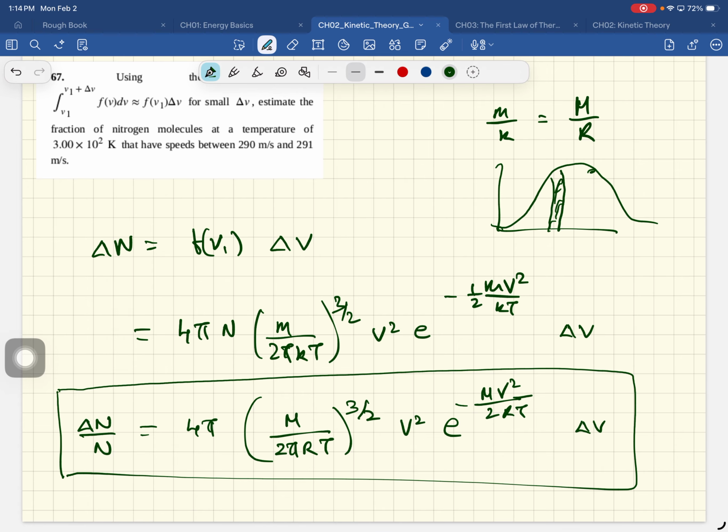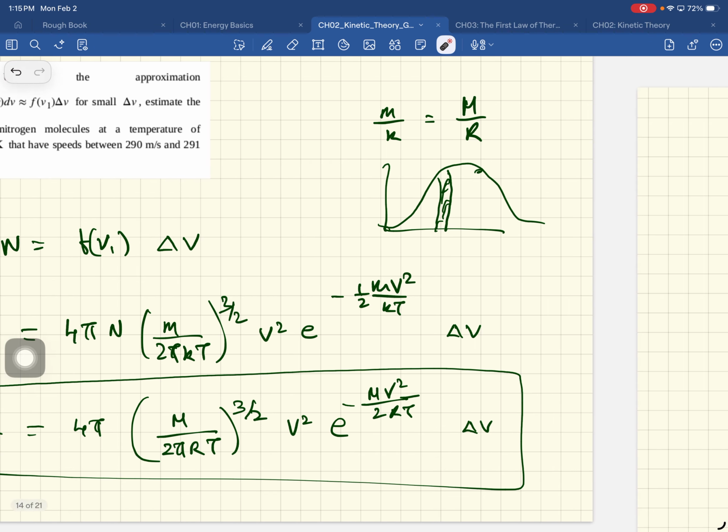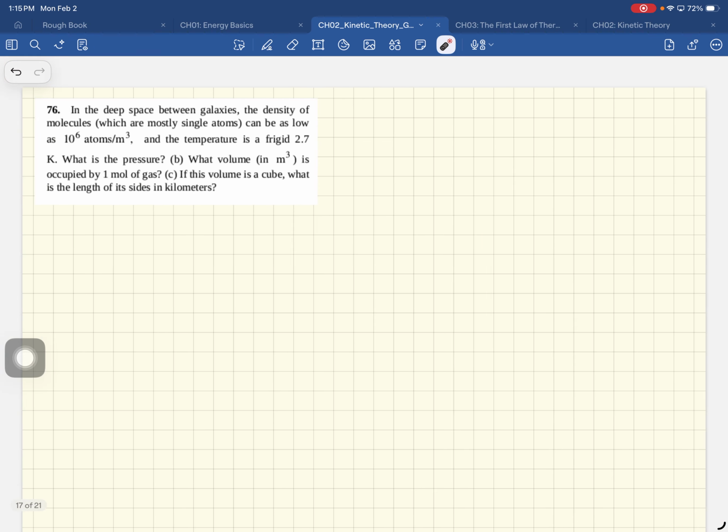The Boltzmann constant is 1.38 times 10 to the minus 23 joules per Kelvin. And the temperature is 2.7 Kelvin. So this is 10 to the minus 17.